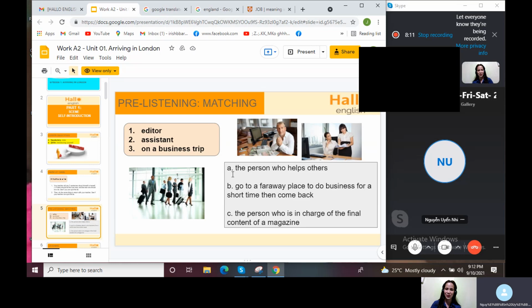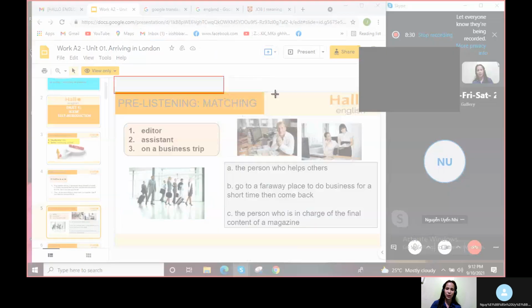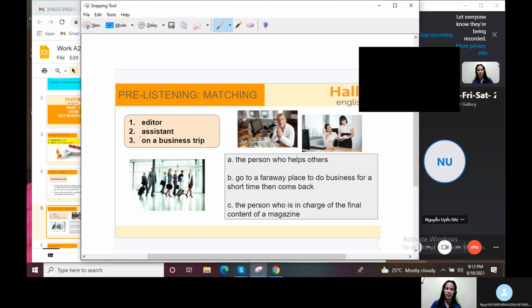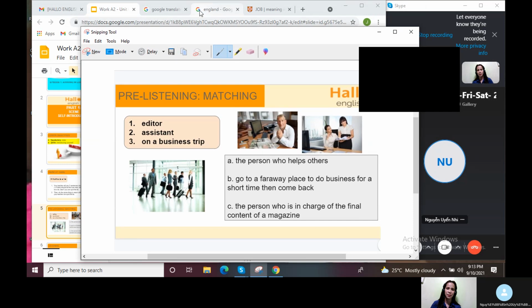The person who helps others. Okay, the person who helps others. What do you think that is, Rose? The editor, the assistant, or number three, on a business trip? Number two, assistant. Yes, assistant. Because when we say assistant, it's the one who assists somebody.